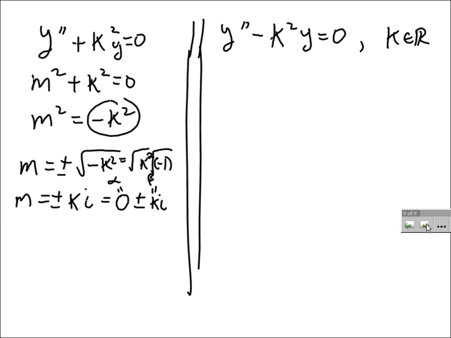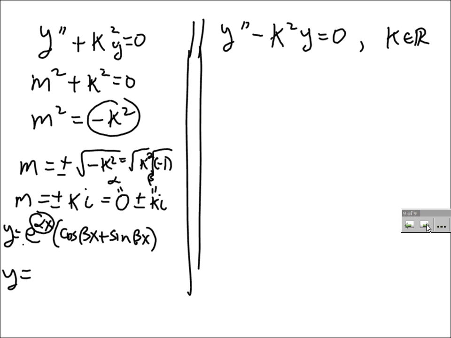And the solution is always y is equal to e to the ax times cosine bx plus sine bx. So y is going to be e to the 0 times x. Well, 0 times x is 0, and e to the 0 is 1.